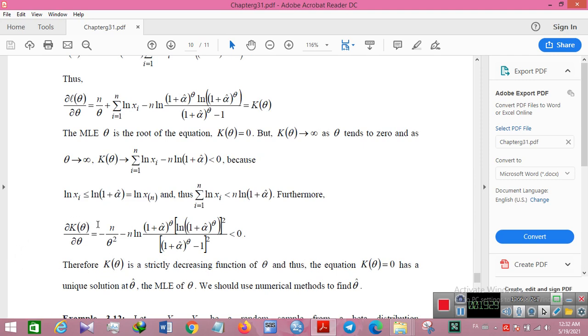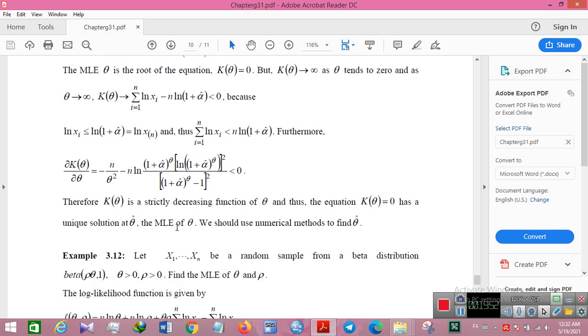Therefore the derivative of chi theta with respect to theta is negative. So chi theta is a strictly decreasing function of theta. So this has a unique solution, and we need a numerical method to solve this equation.